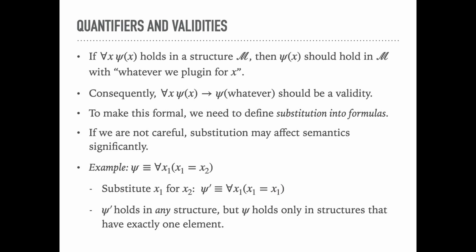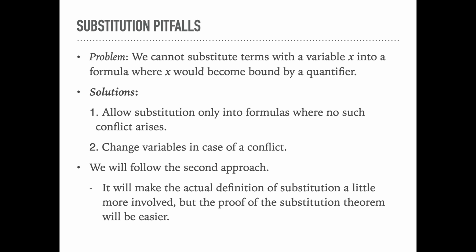But these two formulas have a very different truth behavior. This latter formula holds in any structure because it's always true that x1 is equal to x1, no matter what x1 is. But this formula, for all x1, x1 is equal to x2, holds only in structures that have exactly one element, because then everything would be equal to that interpretation of the second element. The problem that we just saw can be summed up as follows.